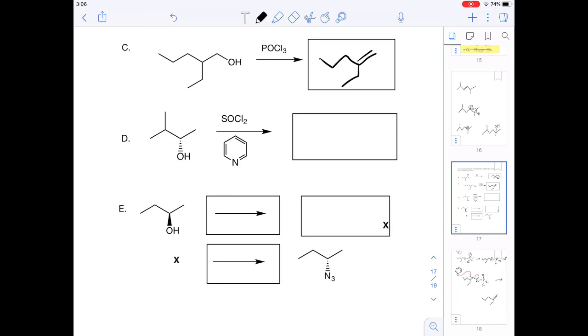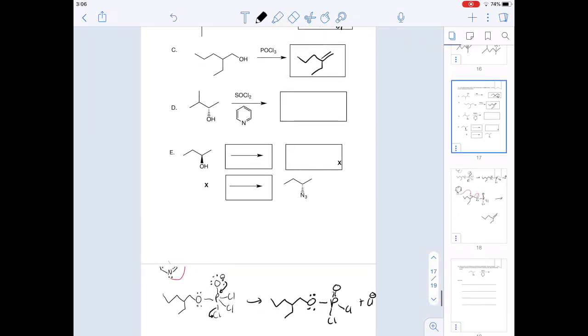Moving on to D, the mechanism for SOCl2, I'm actually going to draw again on another page, but that's okay. Let me find it. I apologize. Okay.